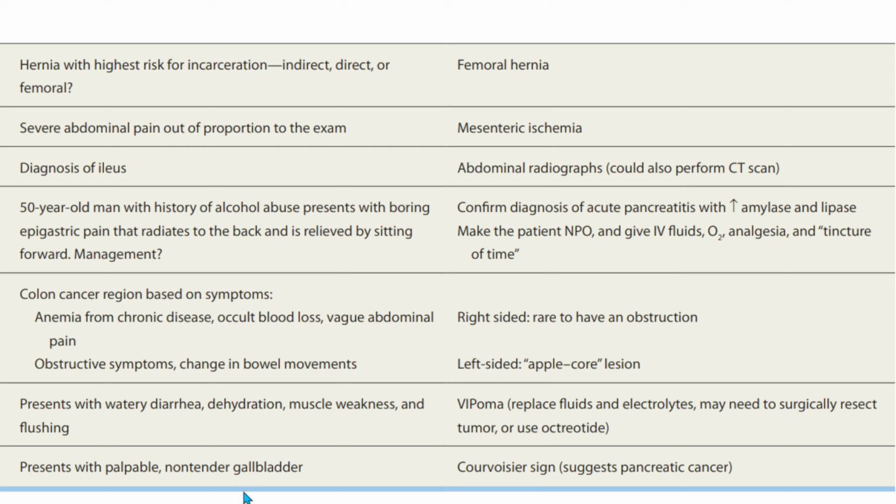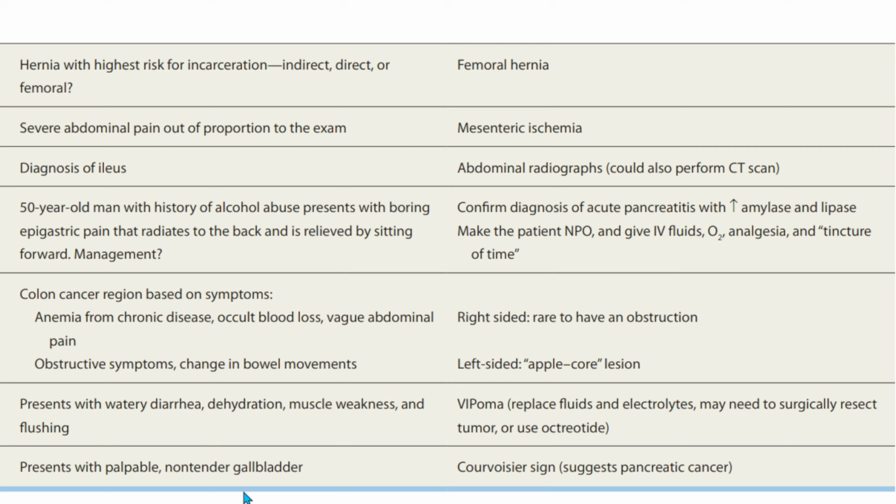So colon cancer regions based on symptoms. If you have anemia from chronic disease, occult blood loss, and vague abdominal pain, you very likely have a right-sided colon cancer. It is very rare for right-sided colon cancer to have an obstruction.